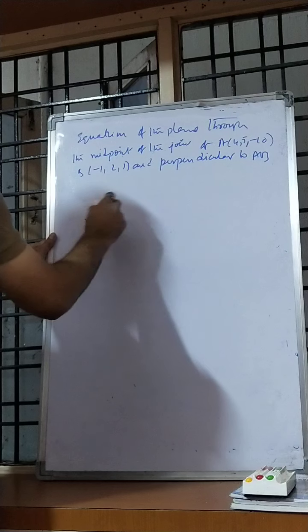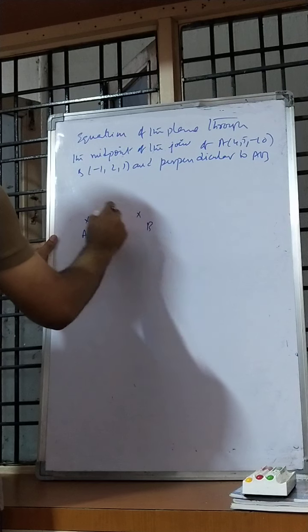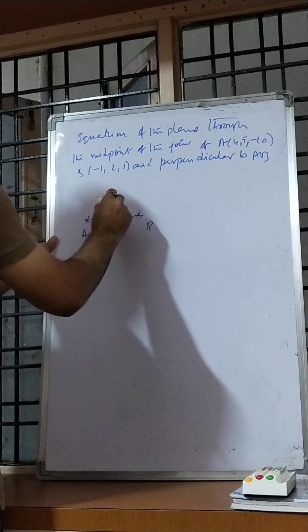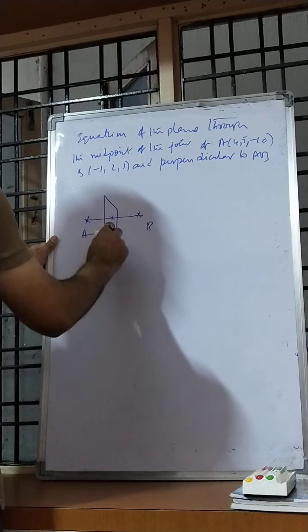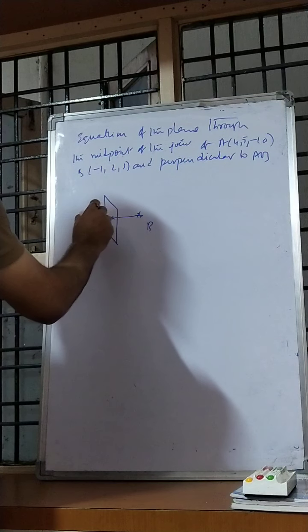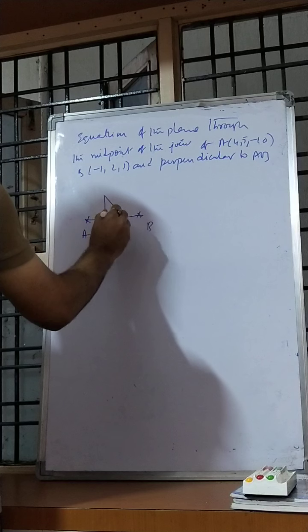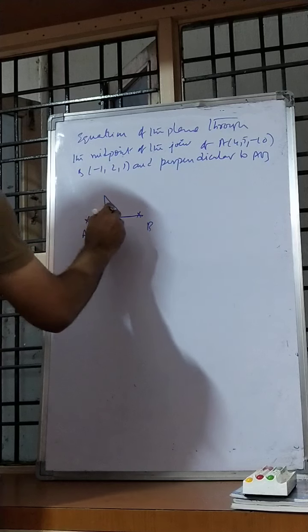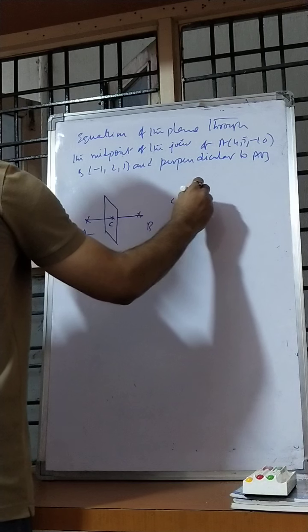So what he said here, do you know that this is A and this is B? There is a midpoint, no? He said like this. This is the plane you are supposed to find because it is perpendicular. See, this is perpendicular to this one. It is like this. So very clear. See, we have to find what is that midpoint.